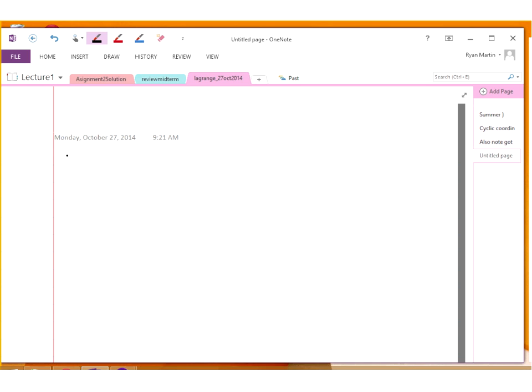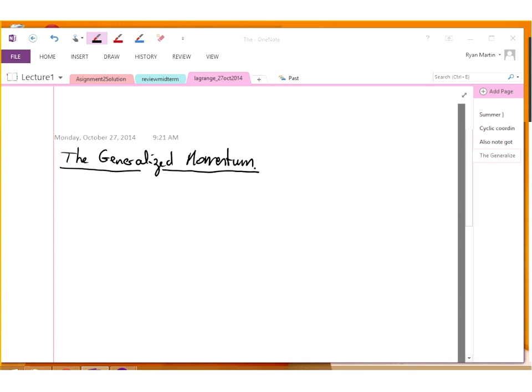So next, let's introduce formally the generalized momentum. With each coordinate, we have associated what we call the generalized momentum. Sometimes we call it the conjugate momentum. So p_i is defined to be ∂L/∂q_i dot.